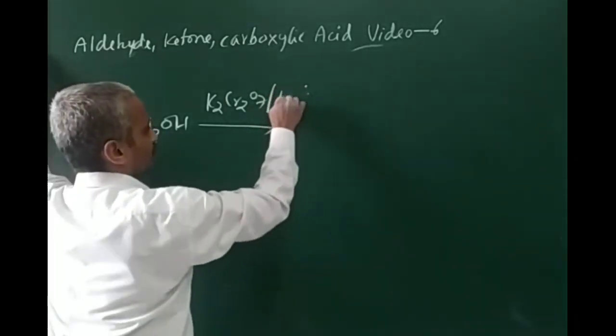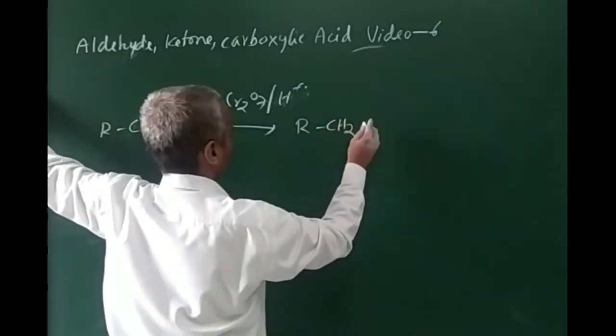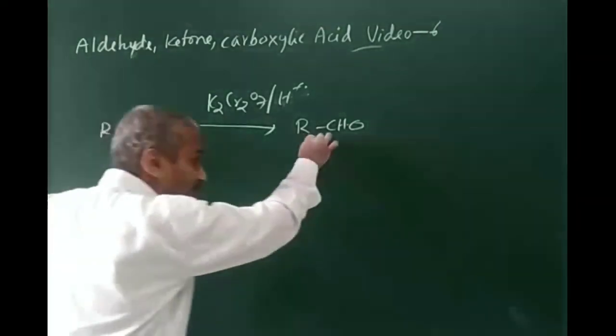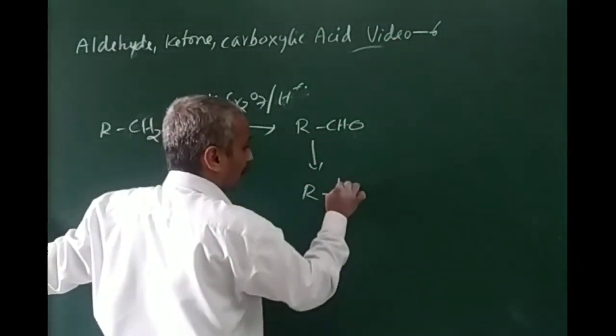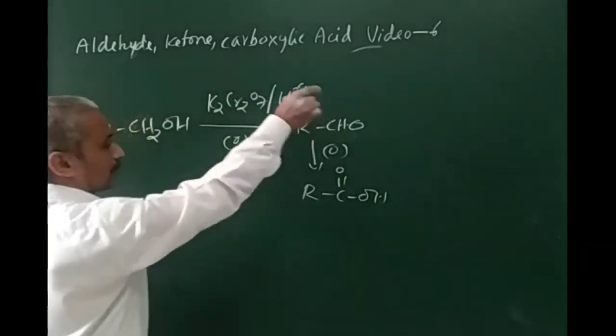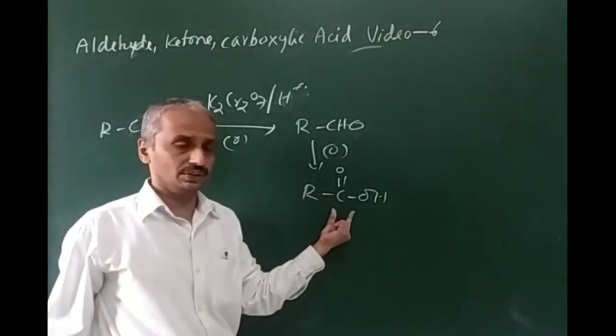I can write it as H plus also. I am going to get this RCHO, but this will again be converted into RCOOH. Successive oxidation takes place, so it ends with this, not with this.